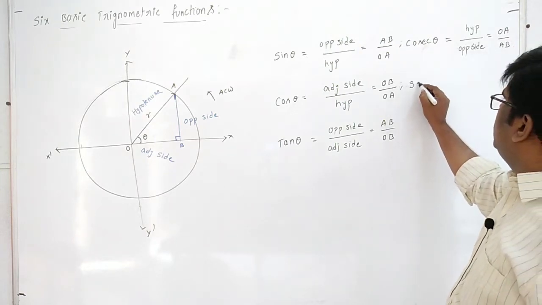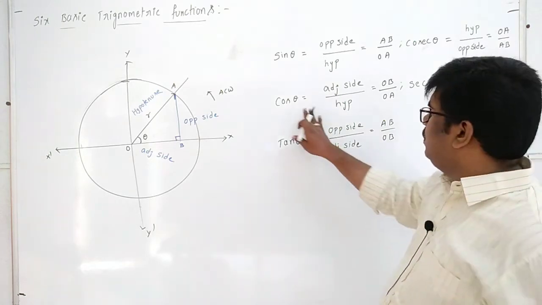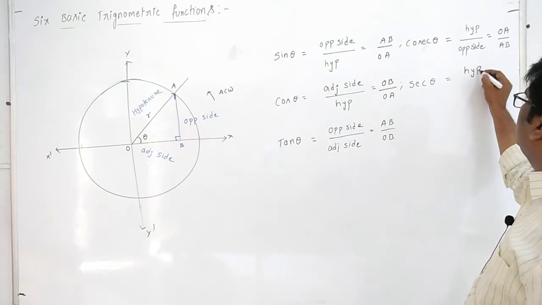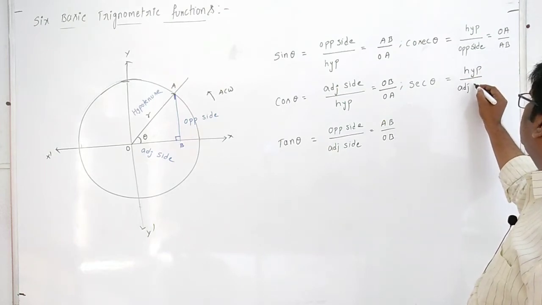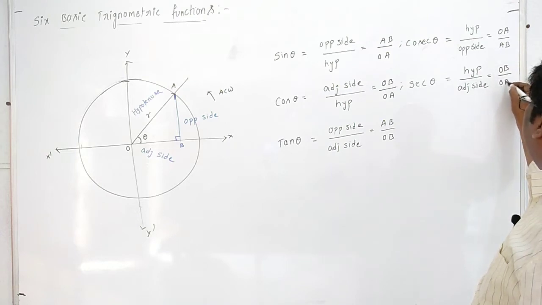Similarly, secant theta is also the inverse of cos theta, that is hypotenuse by adjacent side, that we can write as OB by OA.